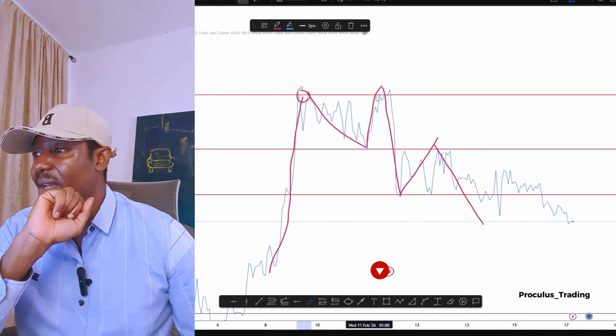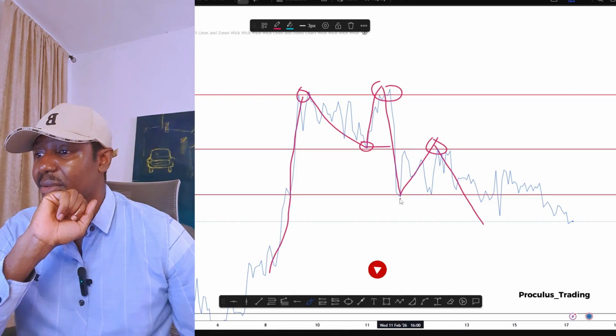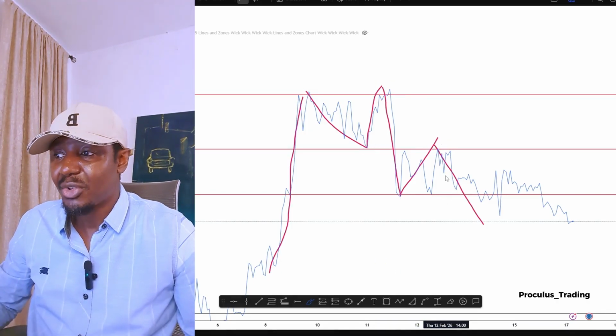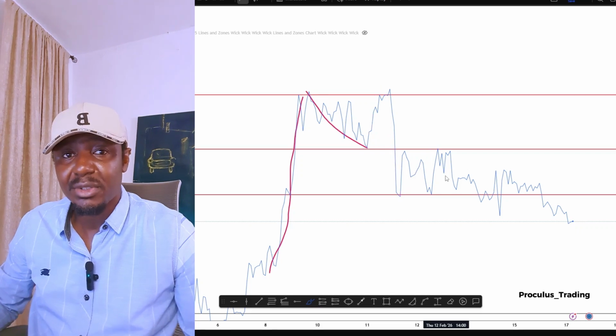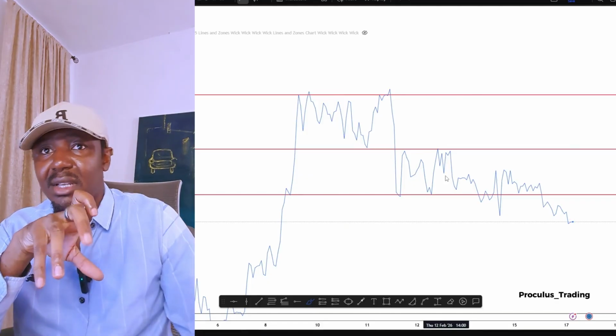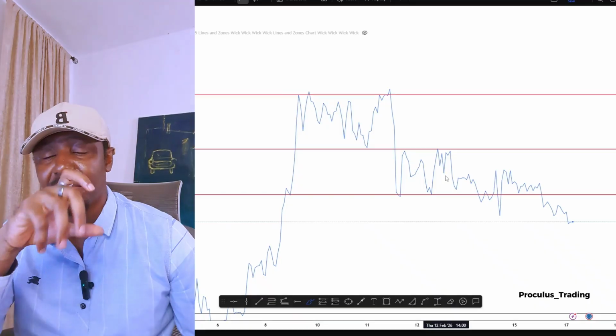This is what we call an M pattern. We can see that price is giving us market structure shifts to the downside, and there's a break of structure, but this is just temporal. Now I'm just trying to show you how to identify very potent support and resistance zones, but the details of price structure we had better analyze in a future video.